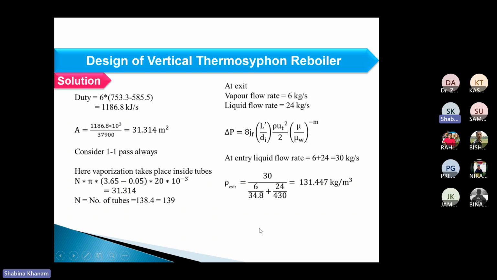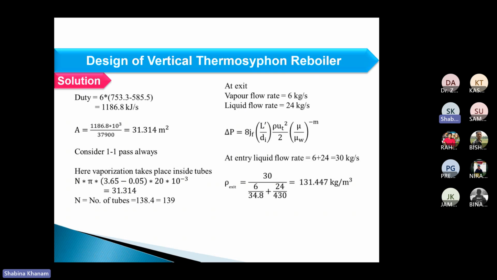Now, next is to find out the pressure drop for tube side, where the vapor formation will occur. So next step is to find out the flow rates. The vapor flow rate is given as 6 kg per second, it is already given. Based on that, we can find out liquid flow rate, because recirculation ratio is 4:1.